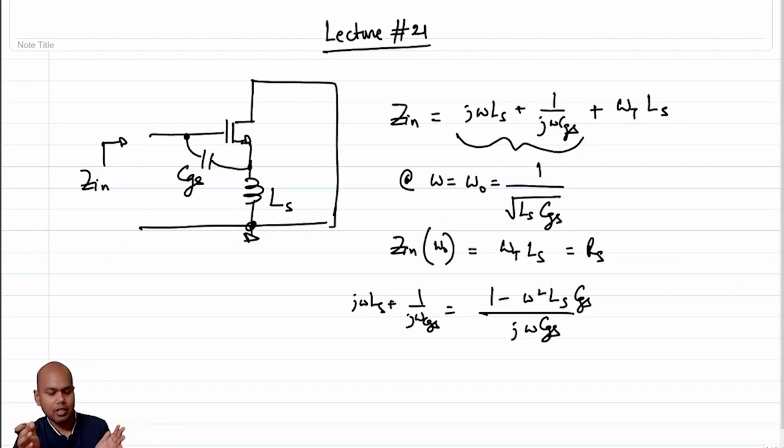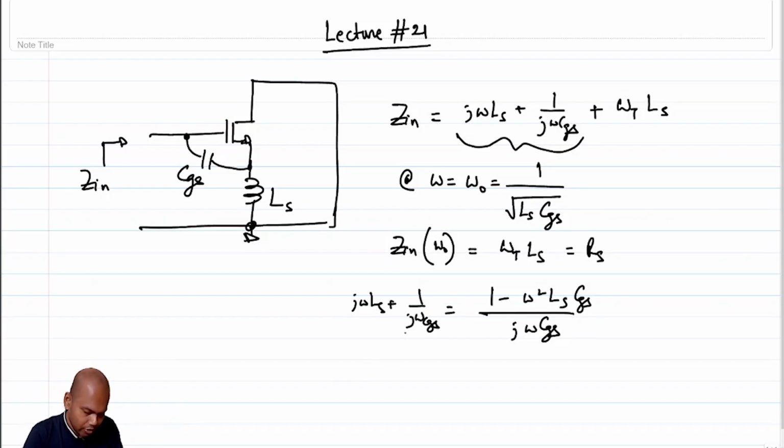Depending upon how far you are away from omega equal to omega naught, you are going to get some imaginary term. But if you go back to the expressions for reflection coefficients, and find out what is the effective S11 bandwidth for which I still get S11 of less than minus 10 dB, then you will see that it's not like matching at a single frequency, but it is also matching at a range of frequencies. So do it yourself.